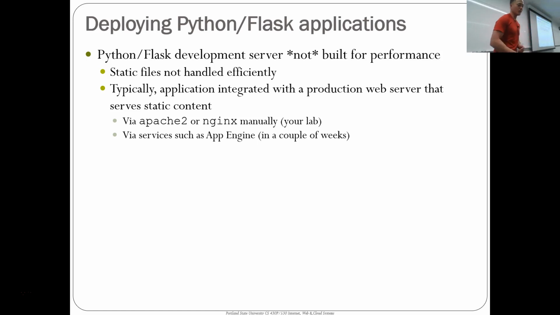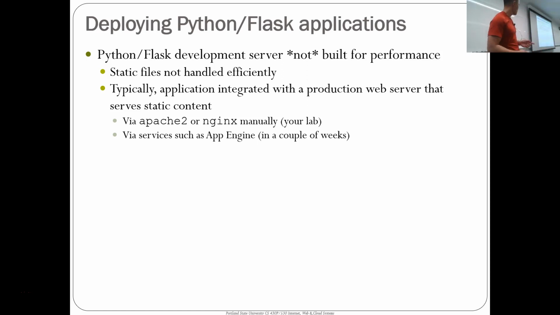So typically, you would want to handle as many web requests as possible to your site with a web server that's optimized for that. And then you only want application-specific requests that require your Python to run to be handled by the Python interpreter.